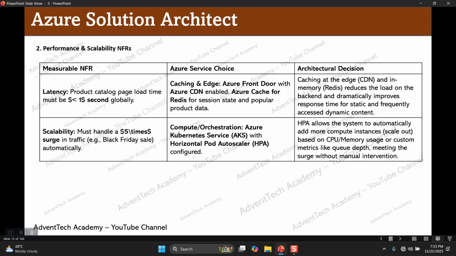HPA allows the system to automatically add more compute instances based on CPU, memory usage or custom metrics like queue depth, meeting the surge without manual intervention.